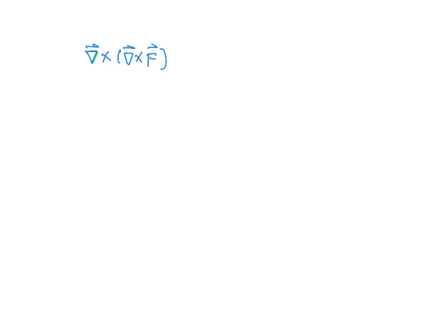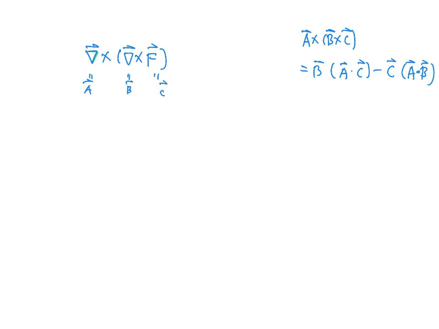So remember the formula that A cross B cross C was B(A·C) minus C(A·B), right? So this is A, this is B, this is C.